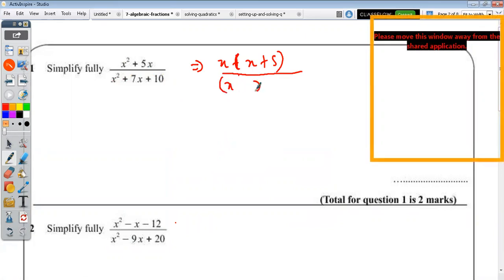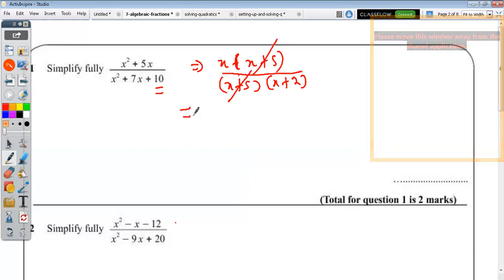I want a number that when I multiply, I get 10, and when I add, I get 5. Two multiples of 10: 5 and 2. So now this can divide into this, and we are left with simply x over x plus 2.